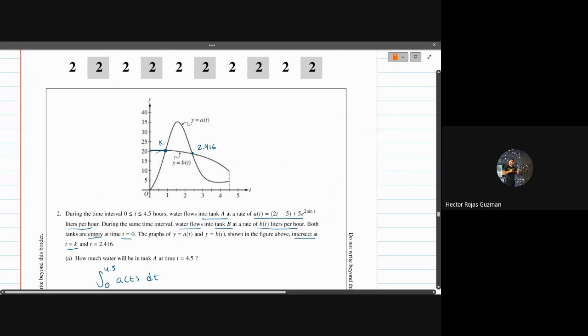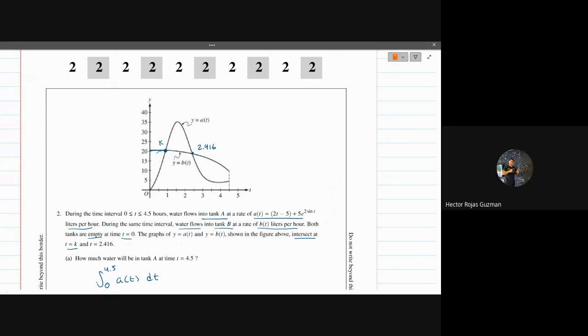They said the area of the region bounded by the graphs is 14.47 between K and 2.4. So that tells me that's this one. How much water is in tank B?